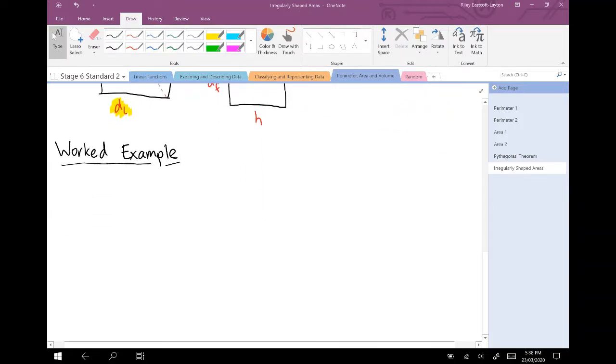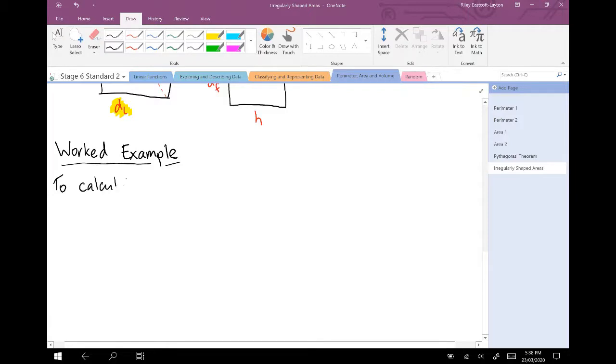So for our worked example, I'm not going to pick one out of our usual textbook. I think I might come up with one myself. So let's get a bit of a real life example happening here. We're going to have something to do with a driveway. So we've got the following question.